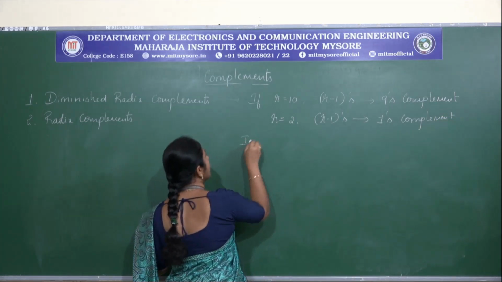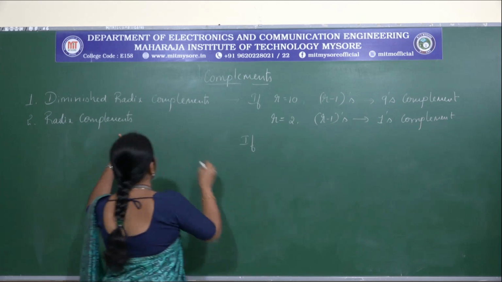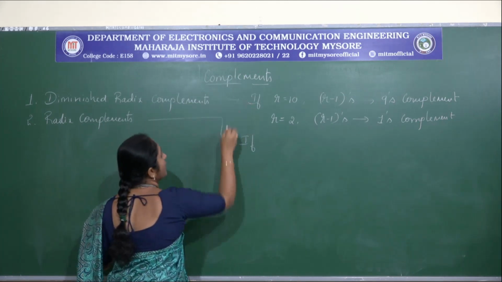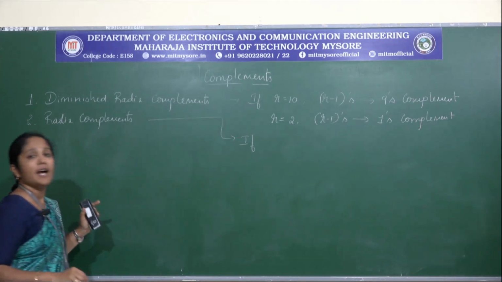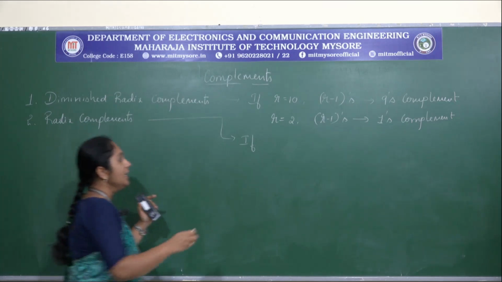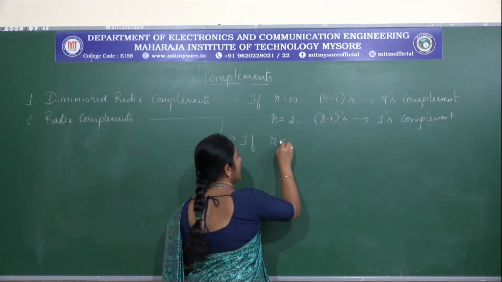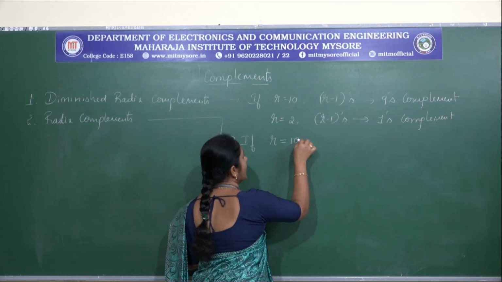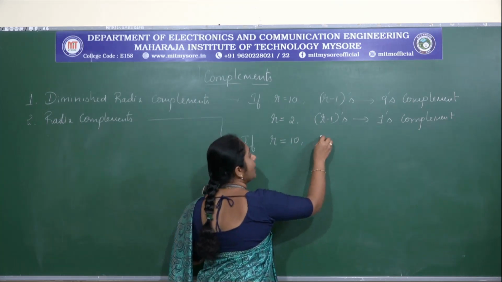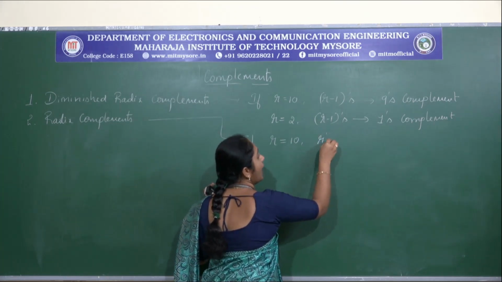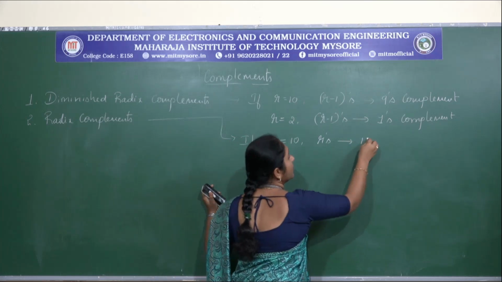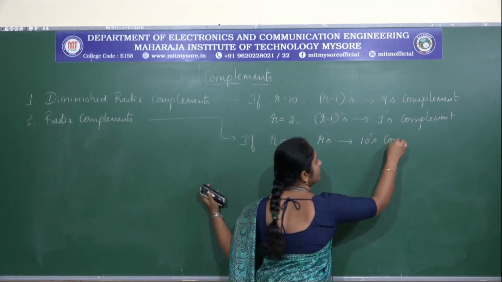Next, the radix complement. If the base is 10 in case of radix complement, it is represented as r's complement, which is 10's complement.